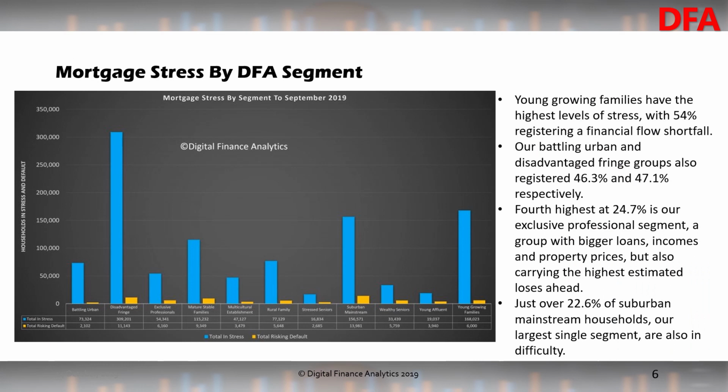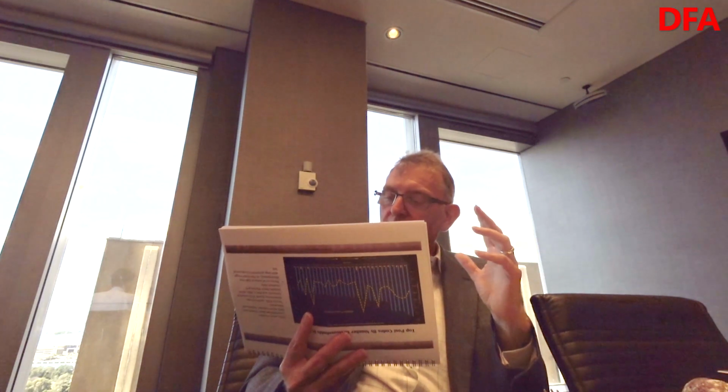So there are some affluent households leveraged to the gills, and the interesting thing about them, if you look at the average loan and if you look at the amount that's lent to this particular group, it is bigger than all the others.